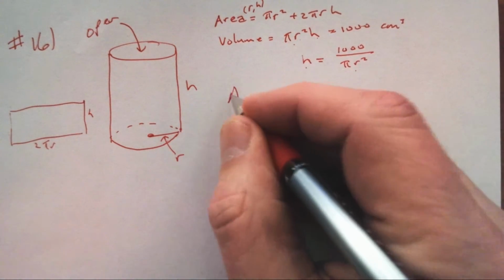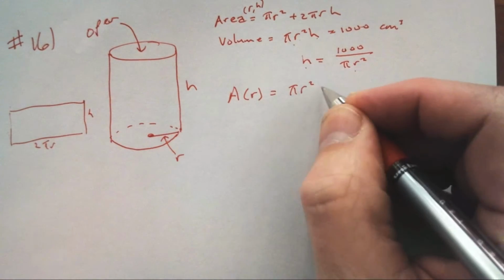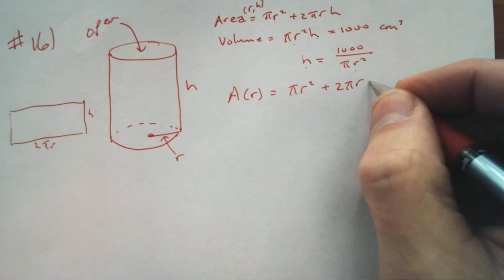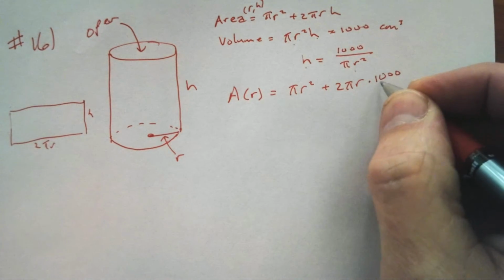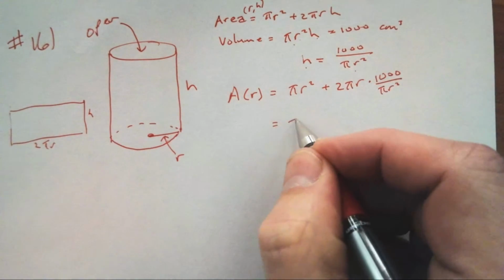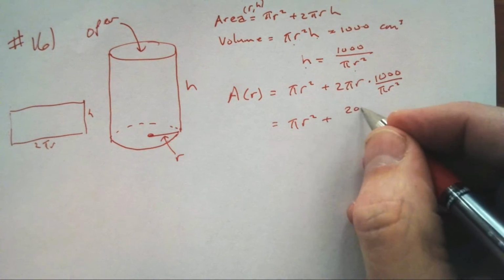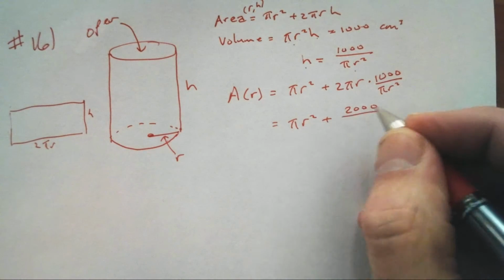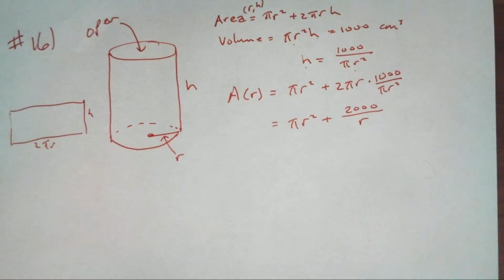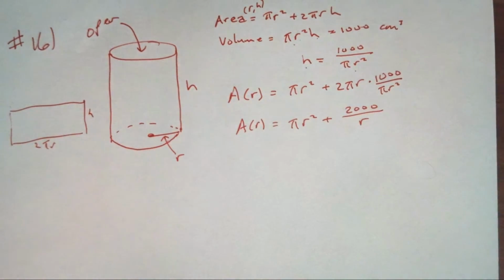So area with respect to r is pi r squared plus 2 pi r, replace h with times 1,000 on pi r squared, or pi r squared plus, let's see, we'd get 2,000 on, pi's cancel, one of the r's cancel, on r. So there's area with respect to r.